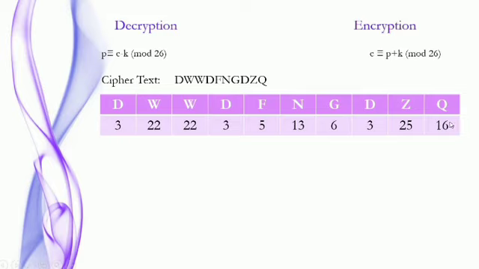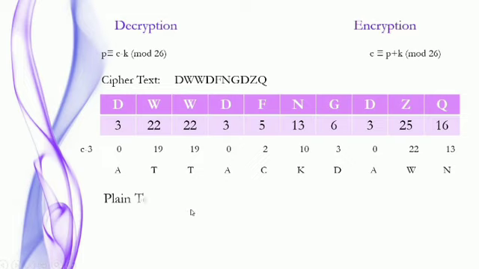Then I have to subtract 3. If I subtract 3, these are the numbers, and then taking modulo 26, there is no number greater than or equal to 26. So I'll write directly the alphabetic letter corresponding to these numbers, right? So for 0 it is A, and for 19 it is T, and so on. So we got the original message, the attack, and the ciphertext, we know this, right?